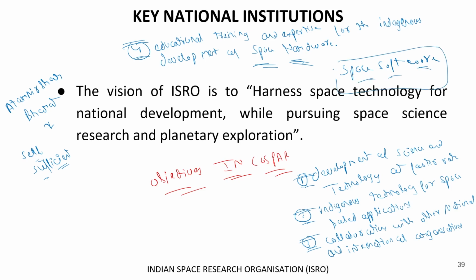Why? The software will help you to establish contact between the controller on the earth and the satellite in space. But the space hardware is required to launch the satellite into space and to maintain the satellite in space. That's why both things are important. All right, so these were the main objectives of INCOSPAR.